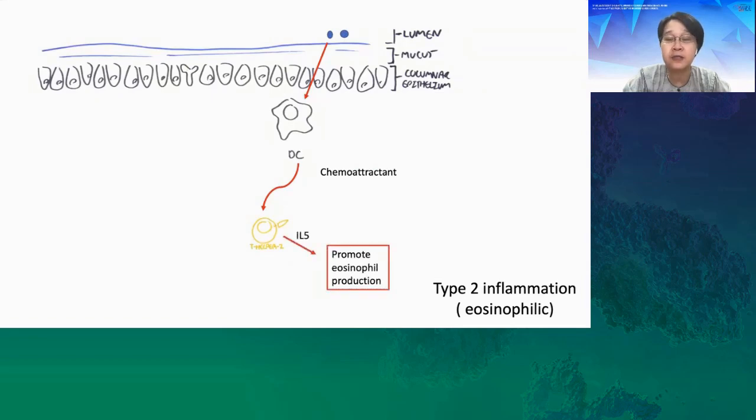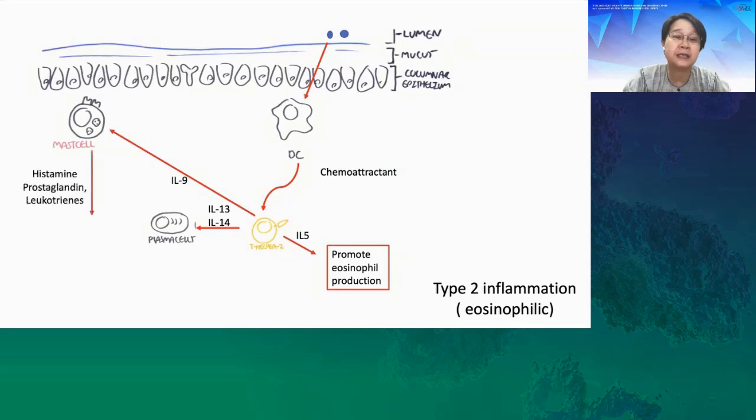The IL-5, which is secreted, promotes eosinophil production. The IL-13 and IL-4 then promote recruitment of the plasma cells and production of antibodies. The IL-9 goes on to the mast cells, and this causes degranulation of the mast cells, leading to release of histamine, prostaglandin, and leukotrienes, and this in turn leads to airway bronchoconstriction.